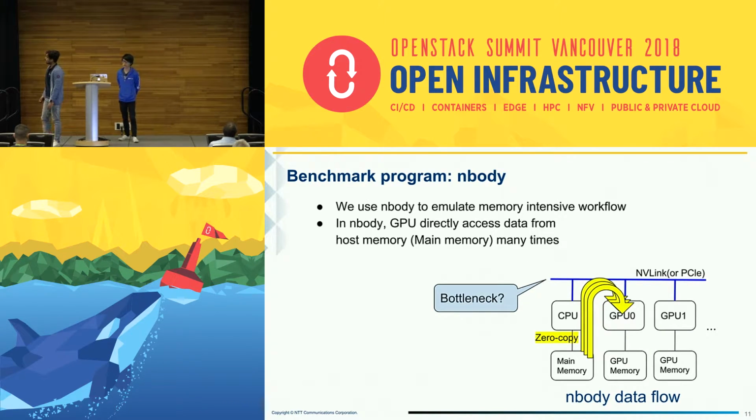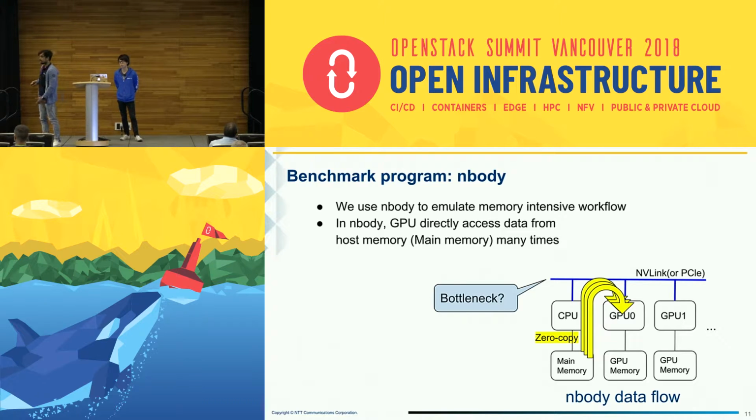Our main focus in using nbody is to emulate a memory intensive workload. As you can see here, in nbody, the GPU threads read data from main memory and not from the GPU memory. So it frequently reads data from the main memory.